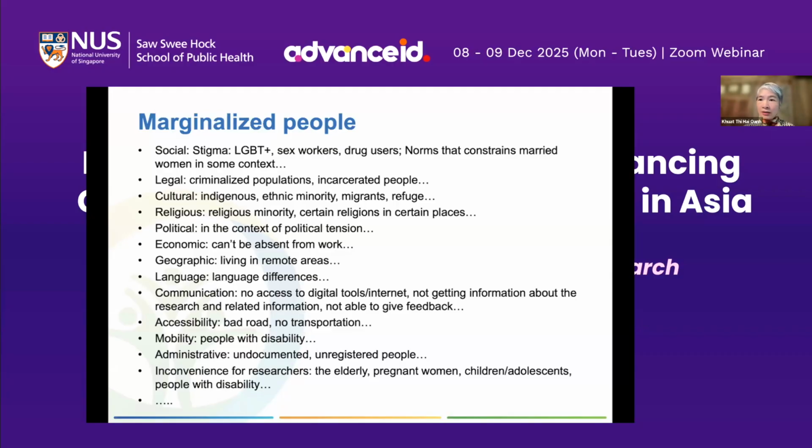So I often ask a question when people say, "Oh, the universal health coverage in this province or this country is 90% or 95%." My question would be, what is the denominator? 95% of what? Are you accounting for the undocumented people? Are you accounting for the people who are not registered with the authority, etc.? So that is the administrative aspect of it.